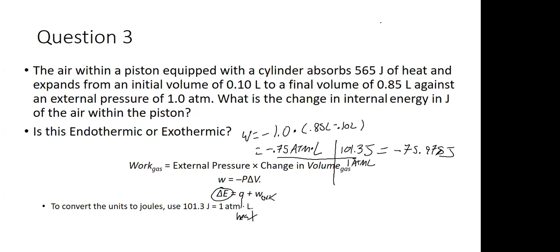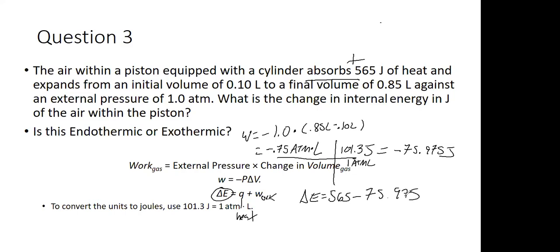And Q was given. You just have to figure out, is Q positive or Q negative, right? So if I'm absorbing heat, that means I'm taking heat inside of me, which means heat is a positive number. If it said heat left, then heat would be a negative number. Here we have a positive number, right? So delta E equals 565 minus 75.975, right?